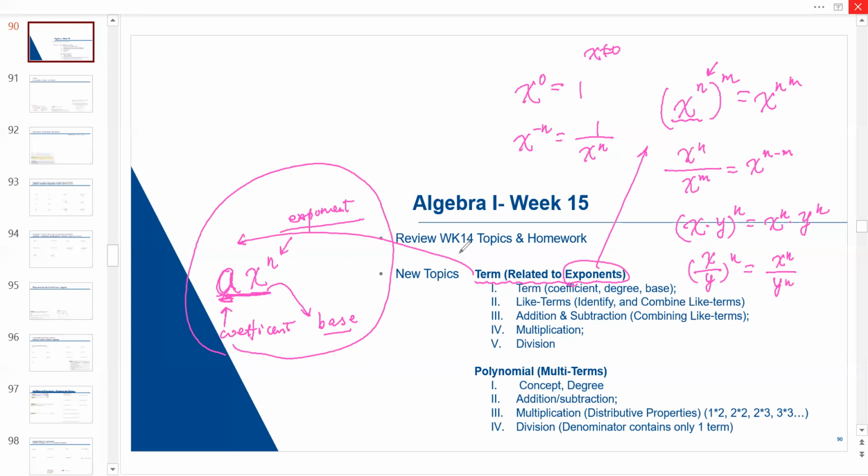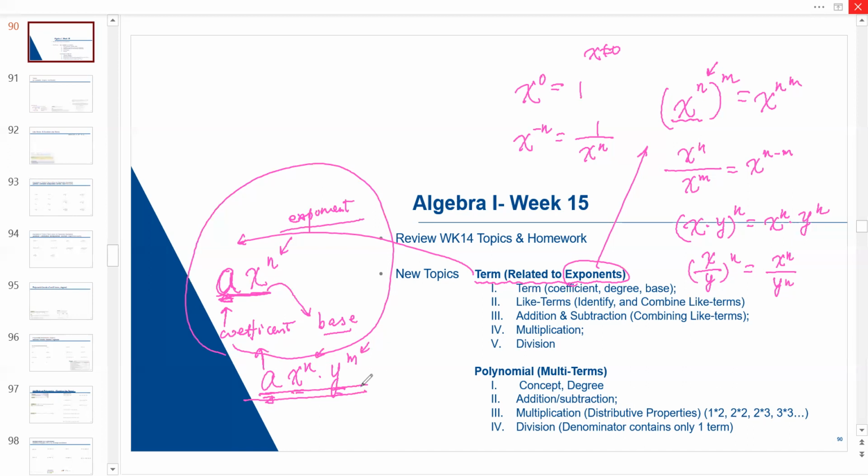And sometimes there are multiple variables, like x and y. That's two variables. We still consider this one the coefficient. But right now we have two bases and two different exponents. So this is still a term.